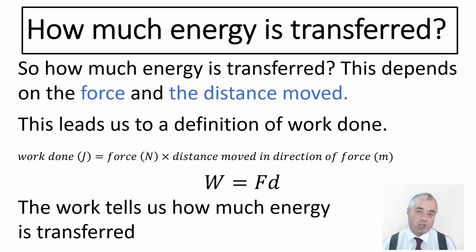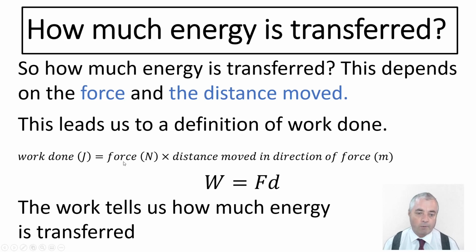And how much energy is transferred, again, you probably would have guessed, depends on how big the force is and how far the force moves. And what you need to do to find out the amount of energy that's transferred is you simply multiply the force times the distance moved.